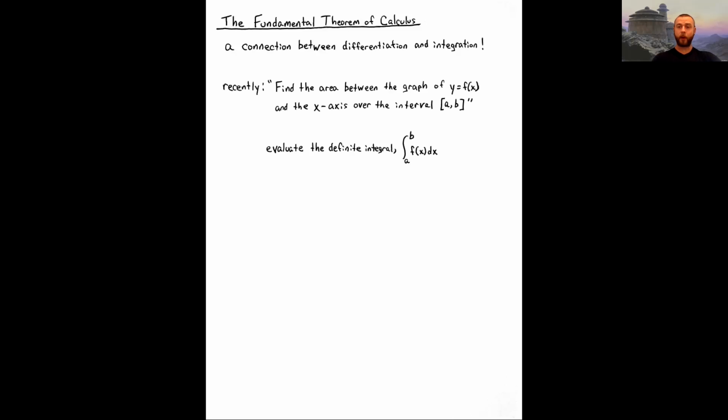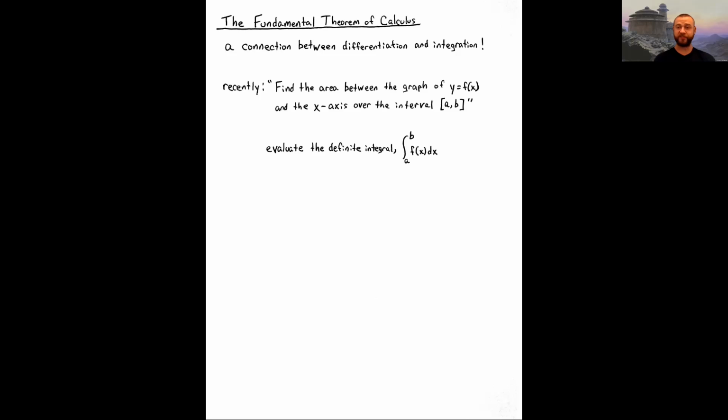All right, now if you think back to where we were recently, we started introducing the problem of finding area by thinking of finding the area beneath a graph over the x-axis. We had to modify that to deal with the case of the graph going below the x-axis. So we introduced the idea of net signed area, and we can answer this question: find the area between the graph of the function and the x-axis over the interval.